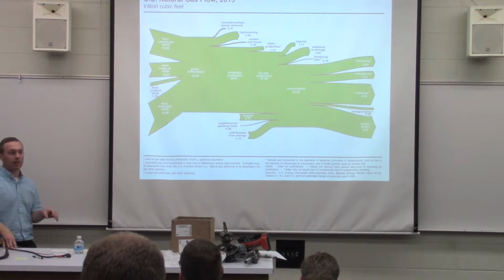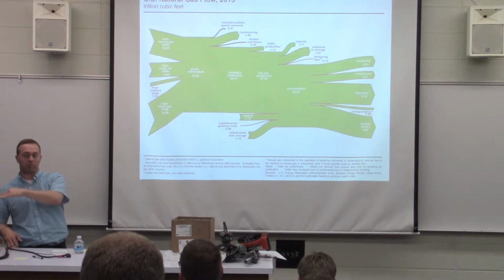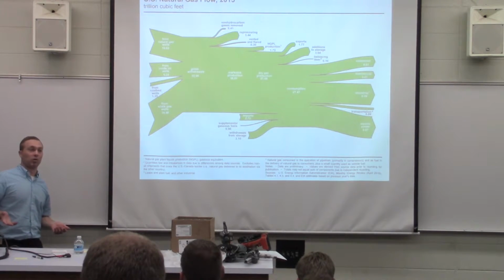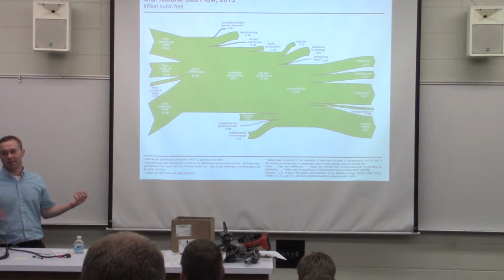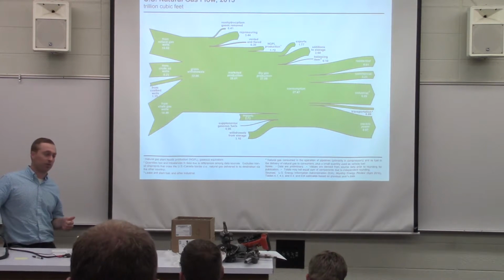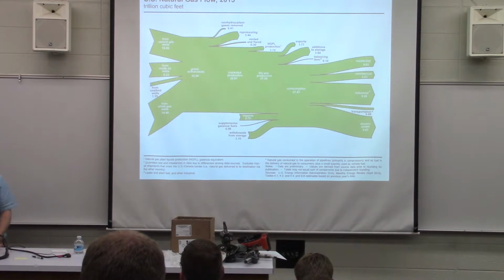I think right now it's at 10%, but that's a target that's getting more and more strict as time goes on. So the companies in North Dakota, they don't want to sell this natural gas. It's not worth putting all the pipe in the ground and building the facilities to do it, but they're forced to do that. So that's a lot of this natural gas from crude oil wells.